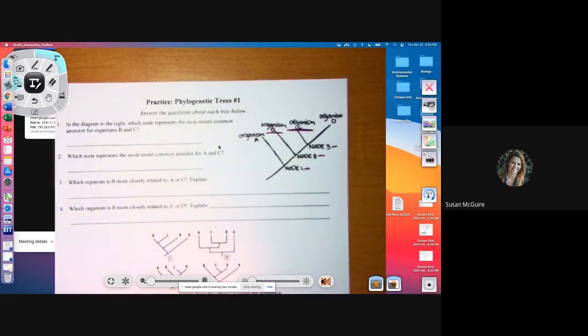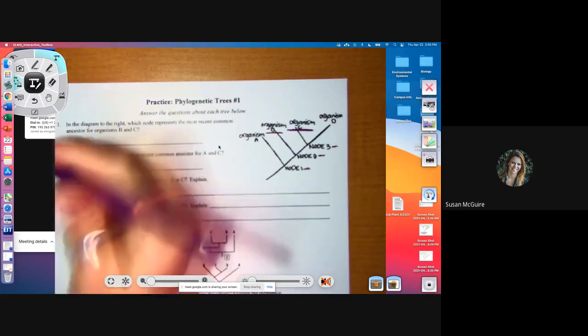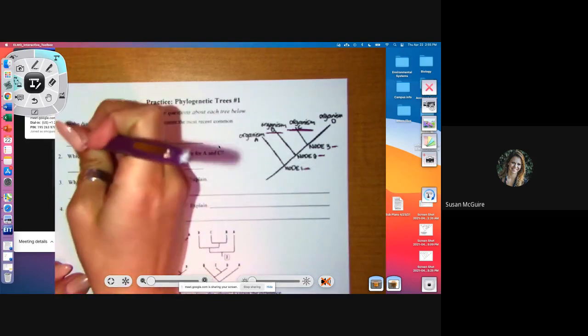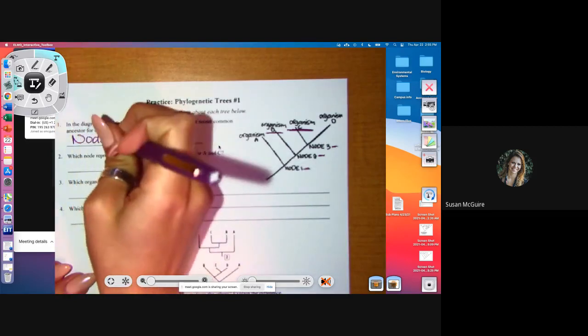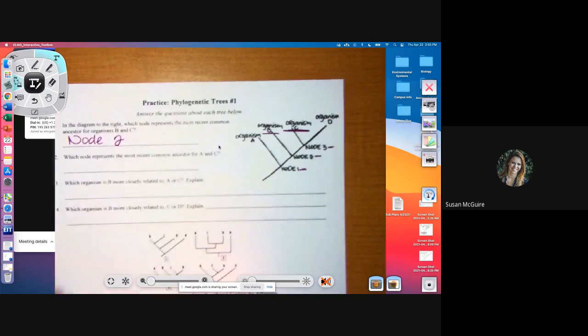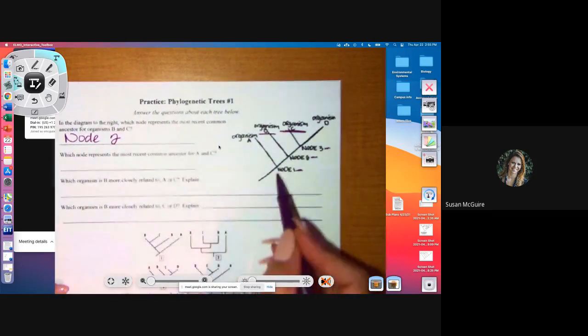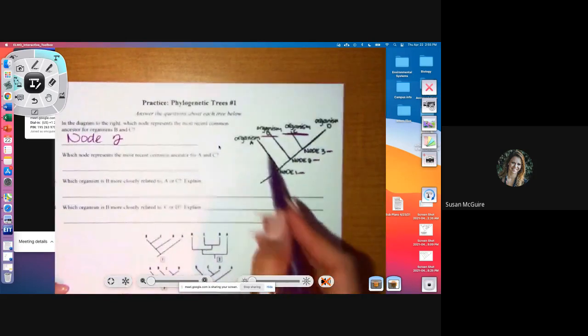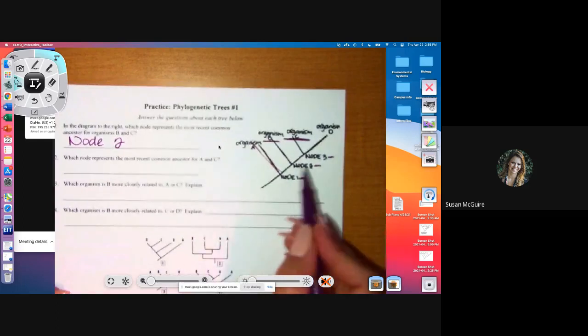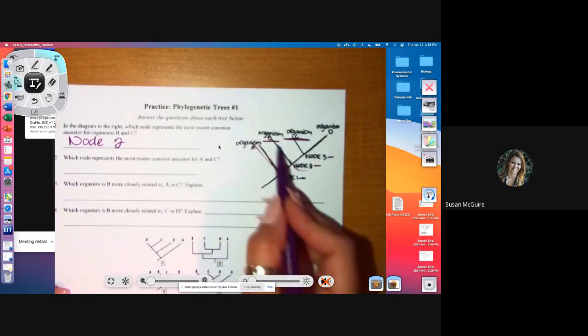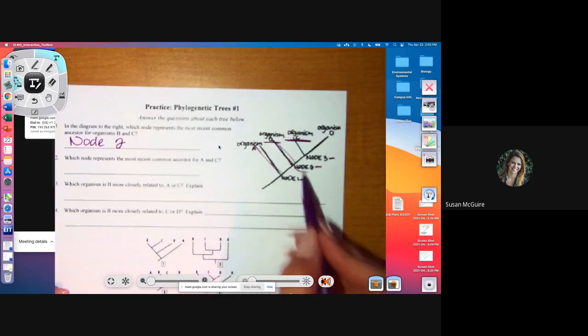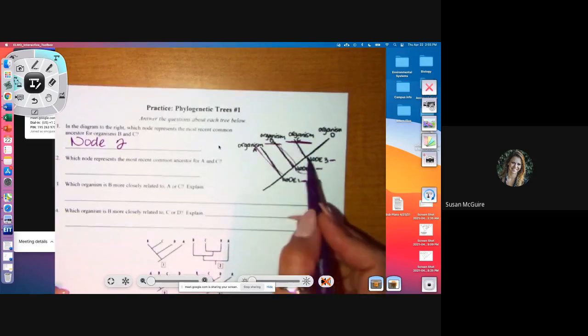Node 3 is a common ancestor for C. Node 2. This is the common ancestor that led to organism A. This is the common ancestor that led to organism B. This one led to C and D.